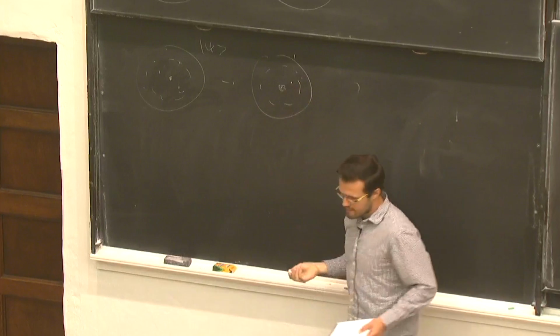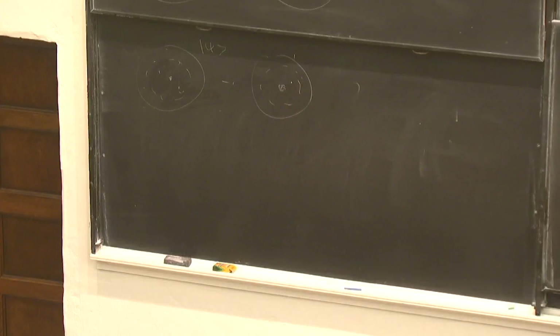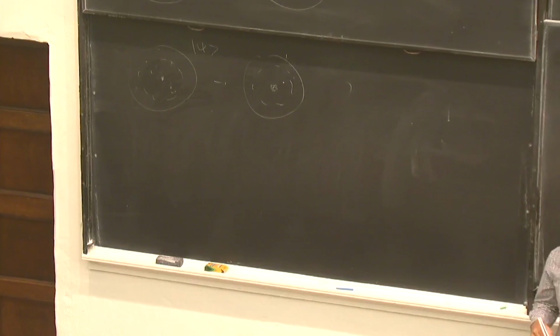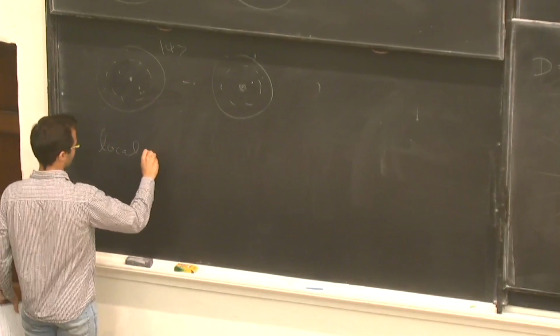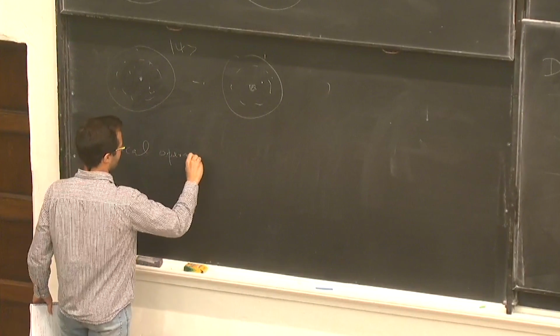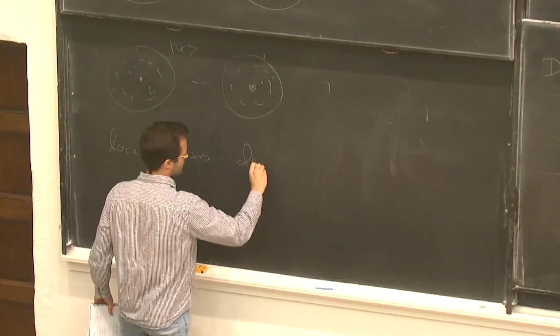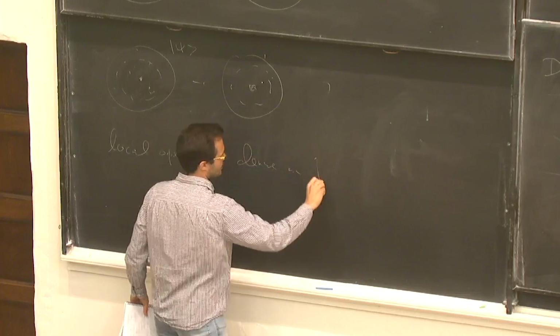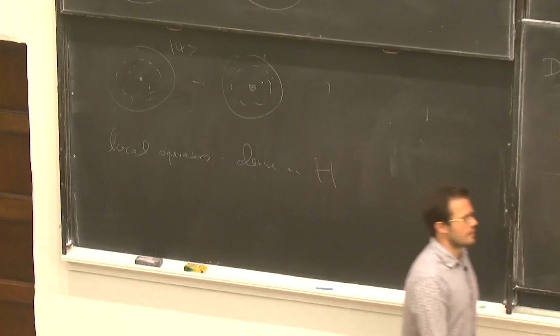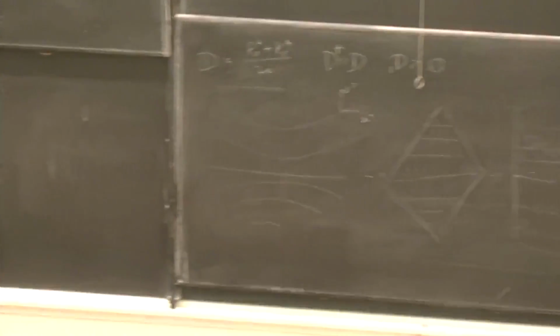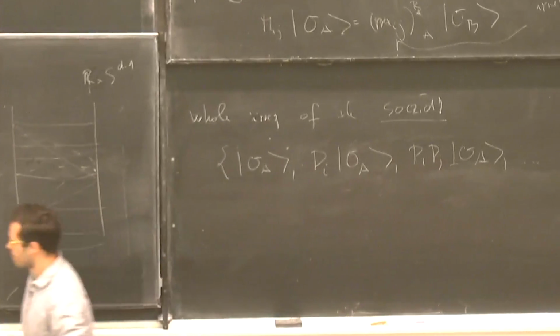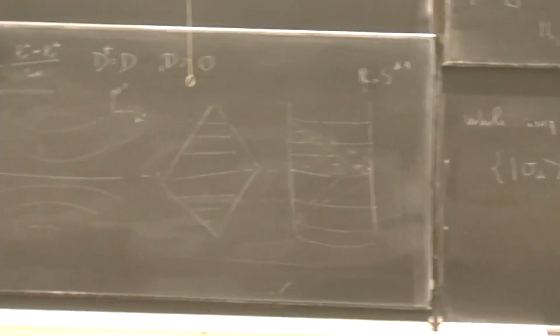So the right statement is that local operators are dense in H, and it is precisely the basis selected for us by the representation theory of the conformal group. Okay. Any questions about this?